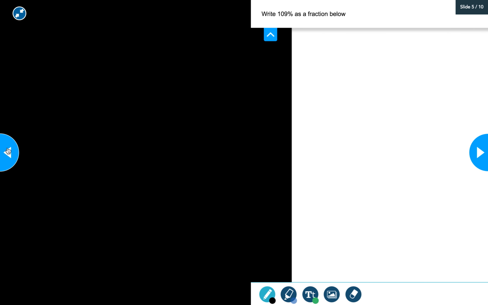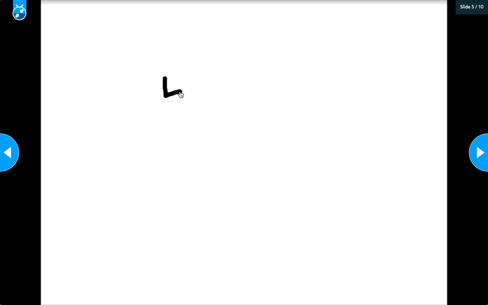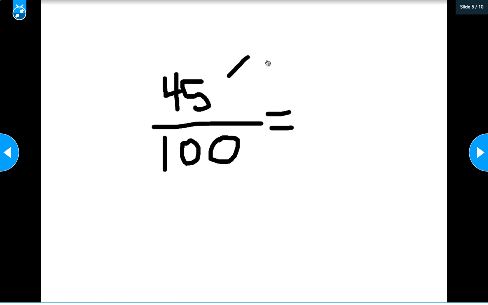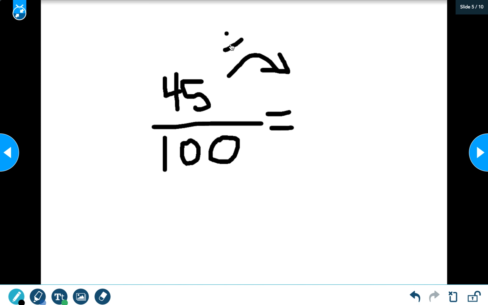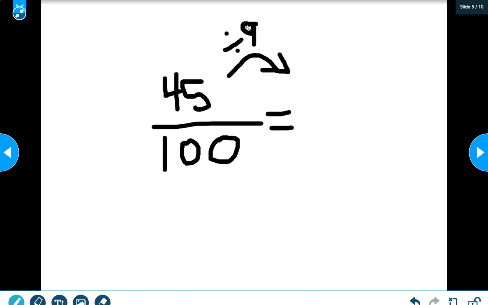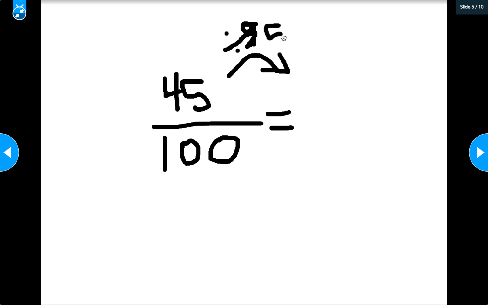Let's go back to 45% quickly. This one would be 45 over 100. At this point, you are correct, but this fraction can be simplified. You can divide 45 by 5, and you get 9.